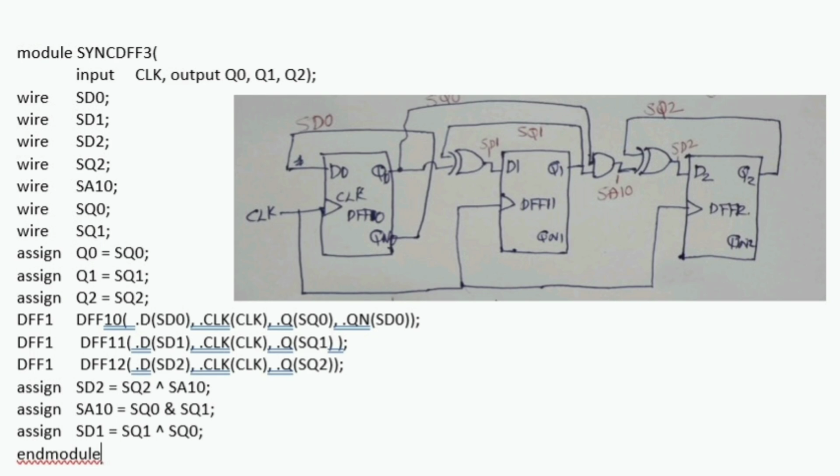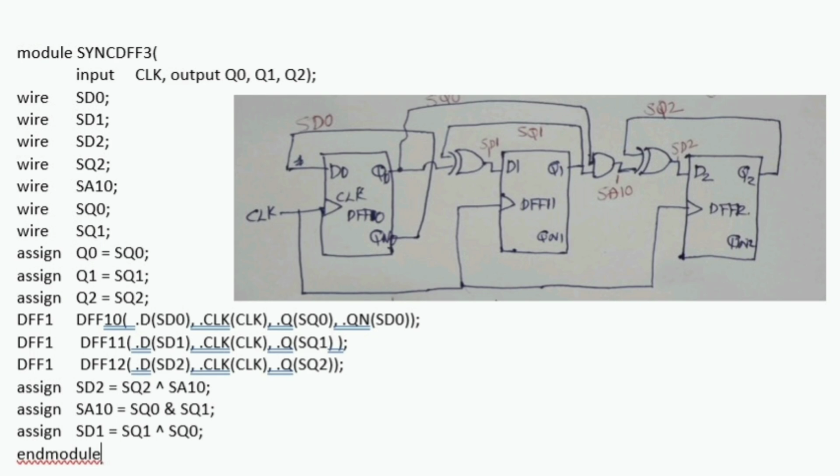We can have the assignments for outputs. Output Q0 is assigned as SQ0, then Q1 is assigned as SQ1, and Q2 is assigned as SQ2, and then comes the instantiation of the D flip-flop. DFF1 is our original module, and its instances are taken over here, 3 instances, DFF10, DFF11 and DFF12.